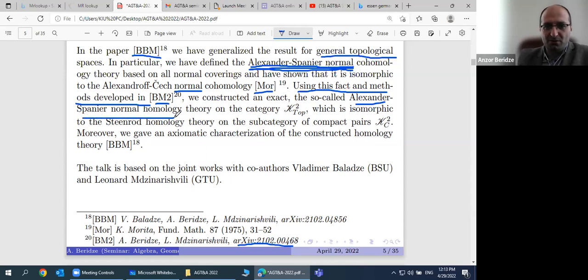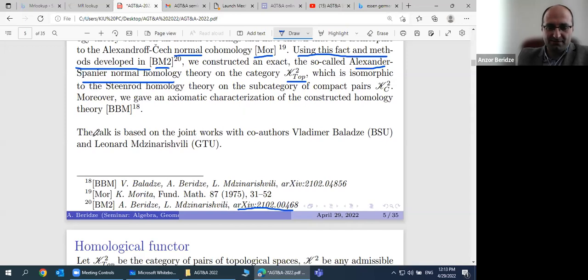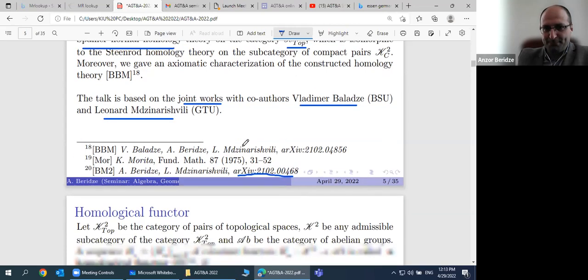And this normal homology theory is constructed for general topological spaces. And we have an axiomatic characterization of this kind of homology theory on this category. And as I mentioned, this talk is based on the joint works with Professor Baladze and Professor Zinarishvili.